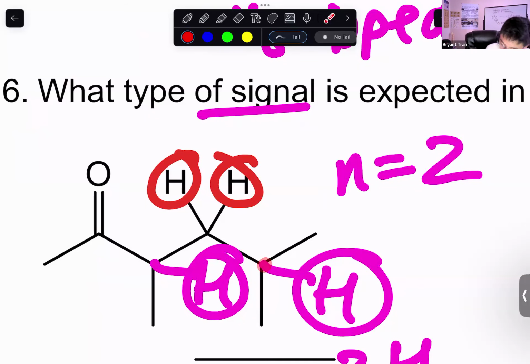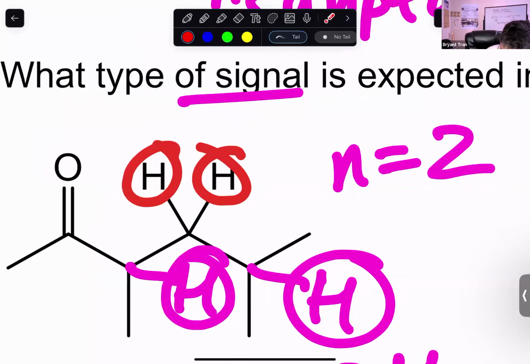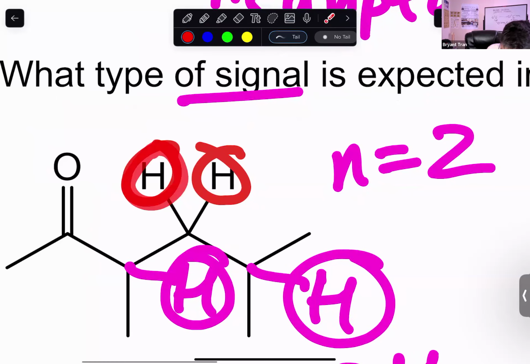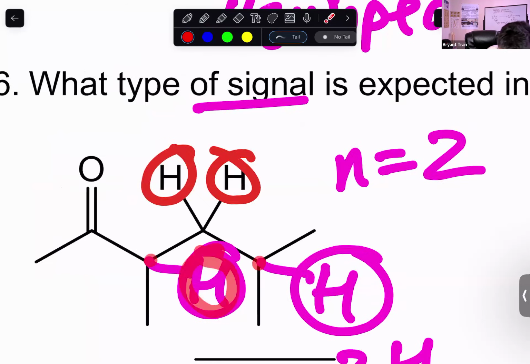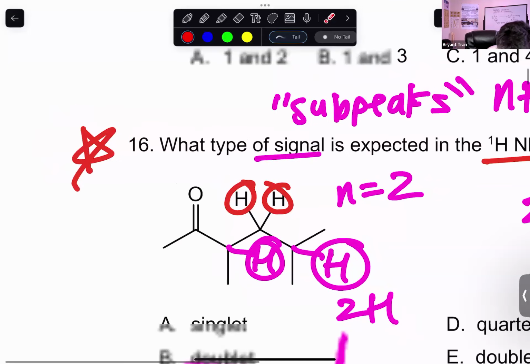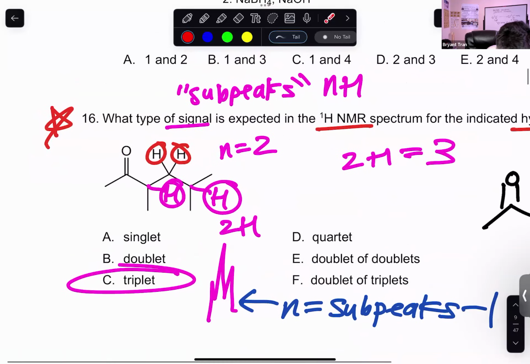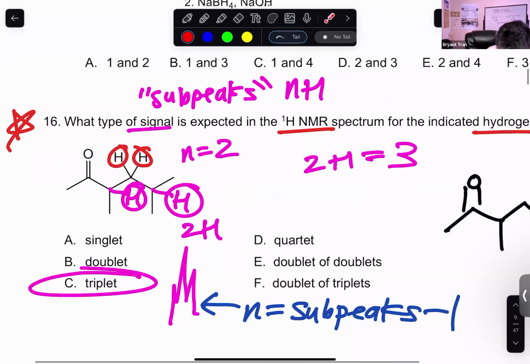So let me try to think about this doublet of doublets. So these are the hydrogens. These are the neighbors. Of doublets. Of triplets. Huh.